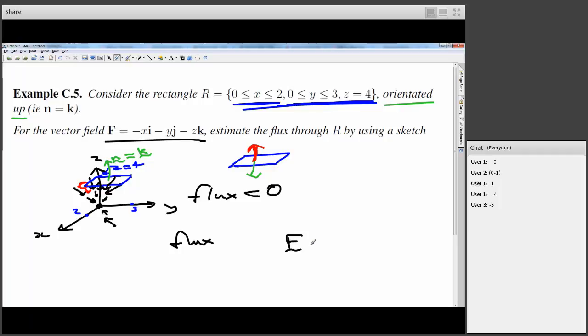So I take the dot product of it with the unit normal to work out how much is actually flowing perpendicular through the surface. I don't care about parallel, I want to know perpendicular. So F dot N is the amount of stuff flowing at a single point. That really is the flux at a single point, and I want to add that up across the whole surface. So the total flux would be a double integral of F dot N across the whole surface.